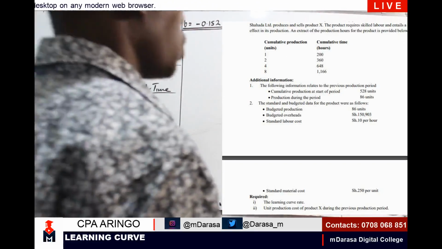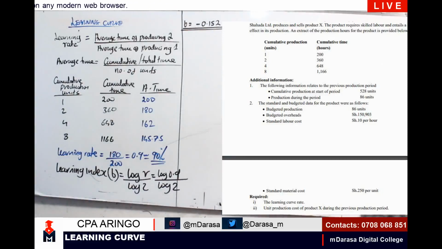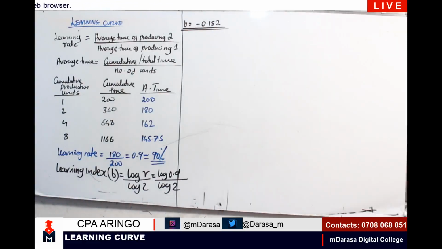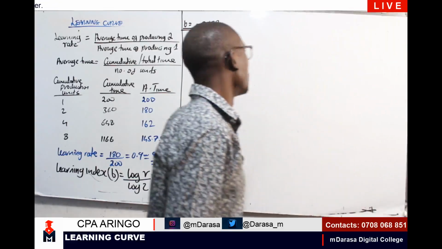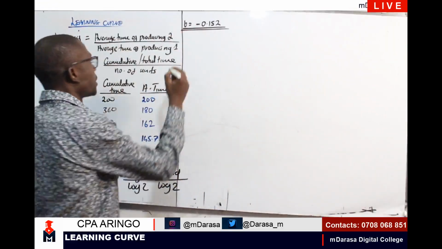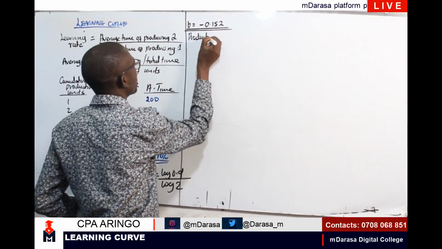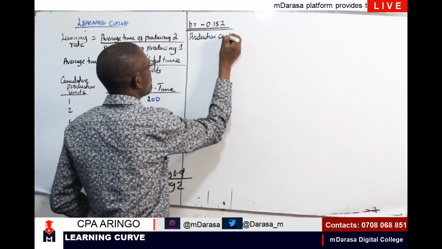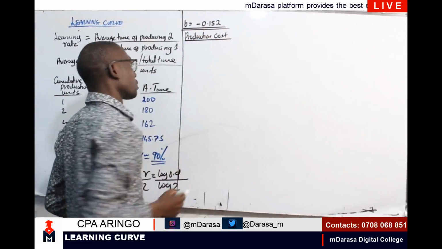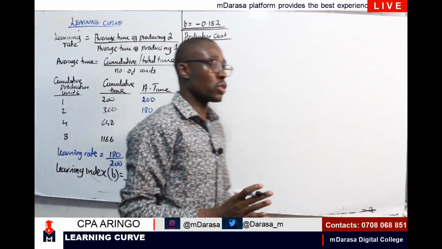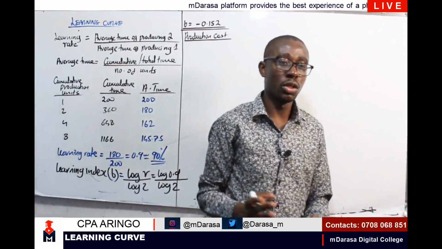And anytime you're talking of production cost, basically, what should click at the back of our mind? My good students, this is what must always click at the back of our mind. Production cost. These are, of course, costs that you normally incur in producing your product.